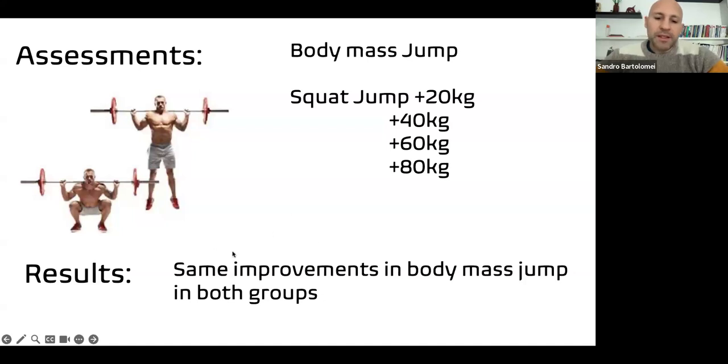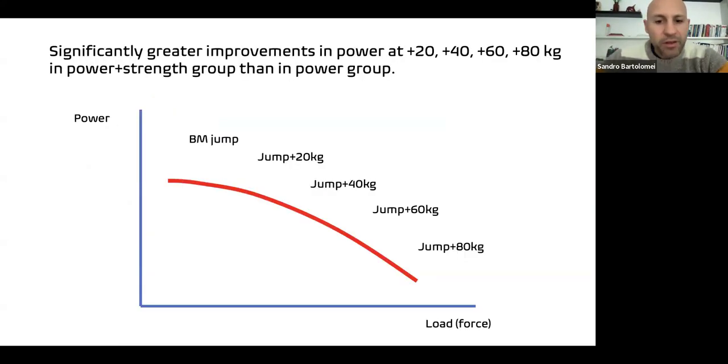Some improvements were obtained in both groups. So both the body mass group and the additional load group obtained some improvements. However, the improvements were different because the body mass group obtained improvement only at body mass.